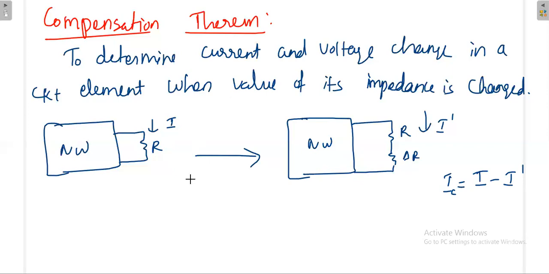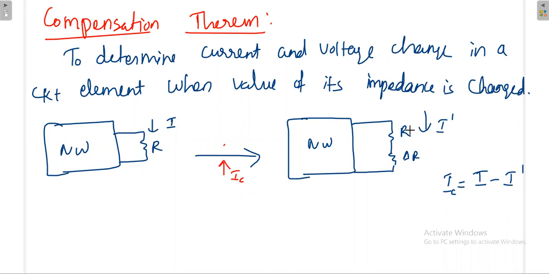That means the opposition current will be upward. That's why I minus IC is equal to I dash.